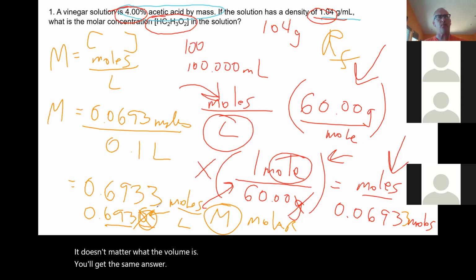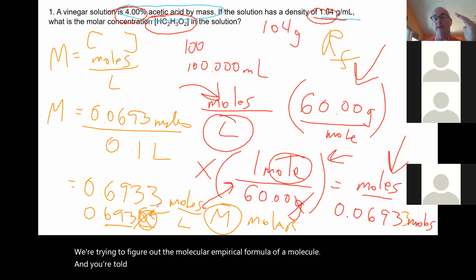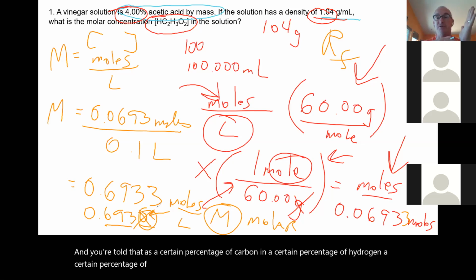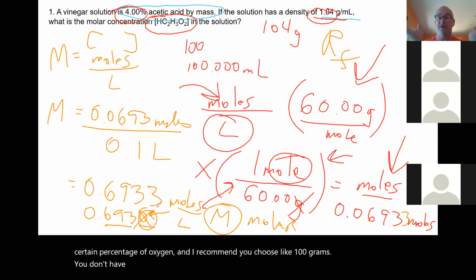It's just like when we're trying to figure out the molecular and empirical formula of a molecule, and you're told that there's a certain percentage of carbon and a certain percentage of hydrogen and a certain percentage of oxygen. I recommend you choose 100 grams. You don't have to choose 100 grams. You could choose 1,000 grams.